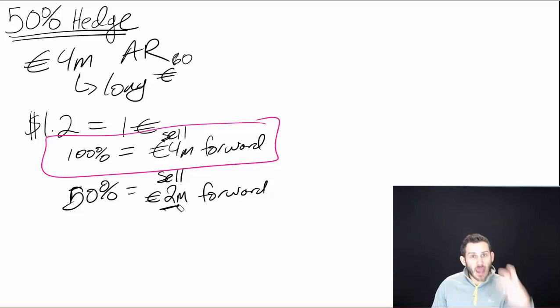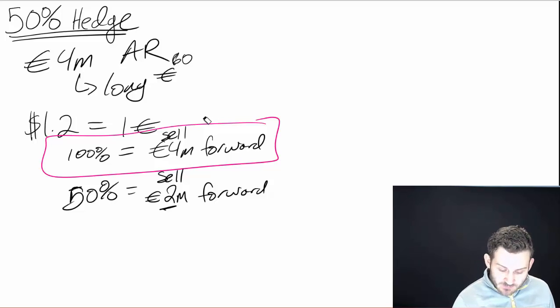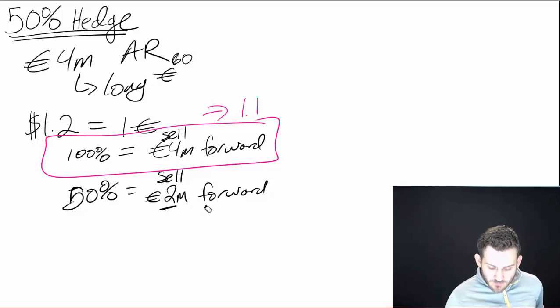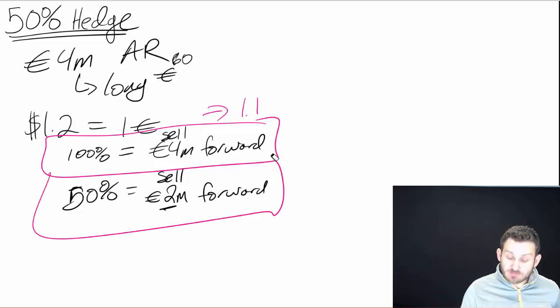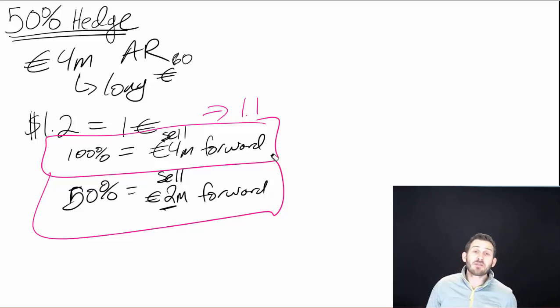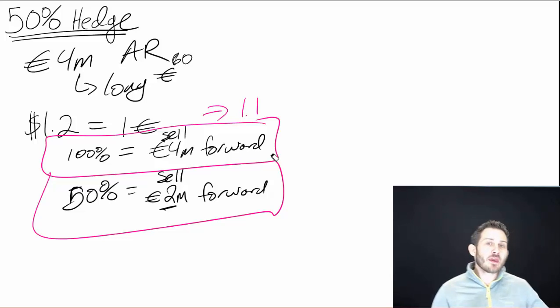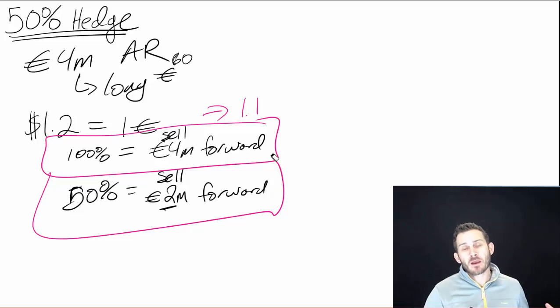In the first case, if the value goes to, say, 1.1 and the euro loses value, it's not going to affect me at a 100% hedge, because I have everything locked in. Under a 50% hedge, half of my receivable is not going to fluctuate. I have half of it locked in. The other half is going to fluctuate a little bit.